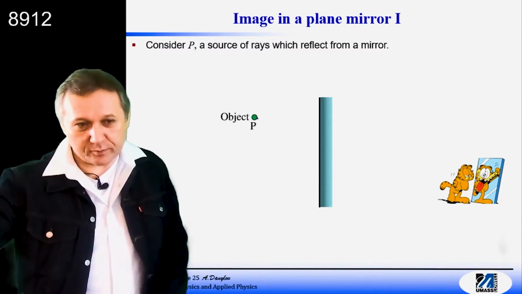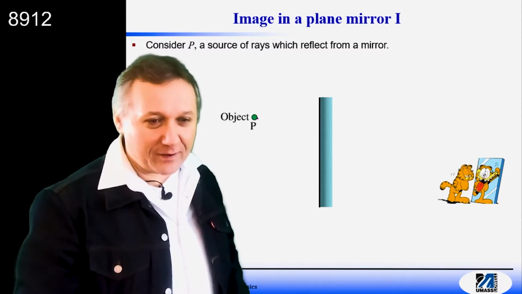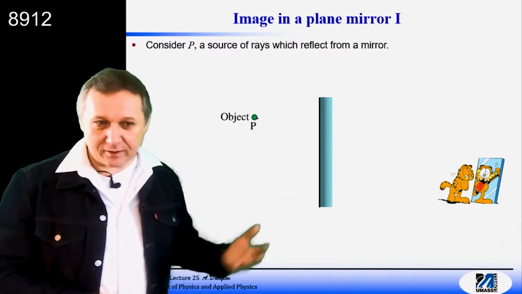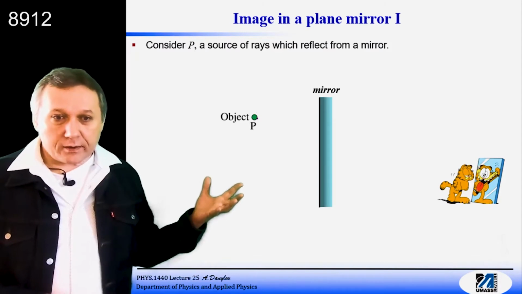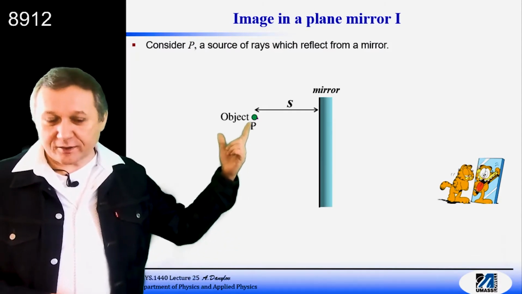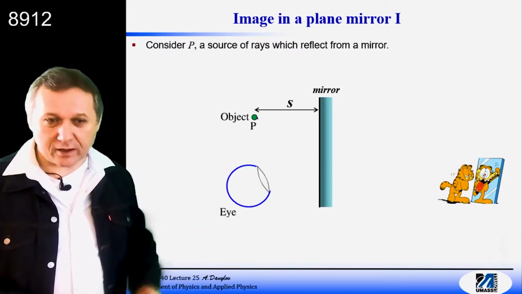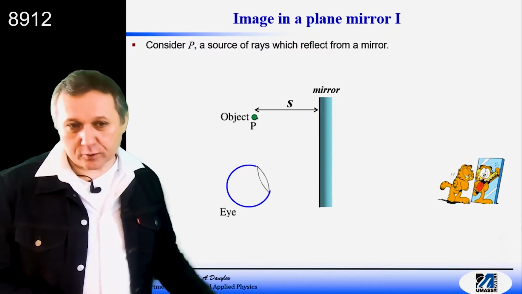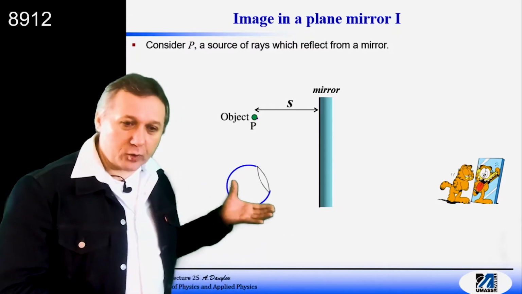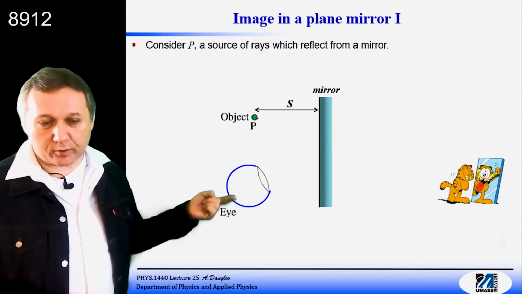In scientific terms, our eye is just a detector of visible light. Let's assume this object is at a distance s from the mirror, and of course the eye. This is the lens of our eye. So what are we going to see here on our retina?